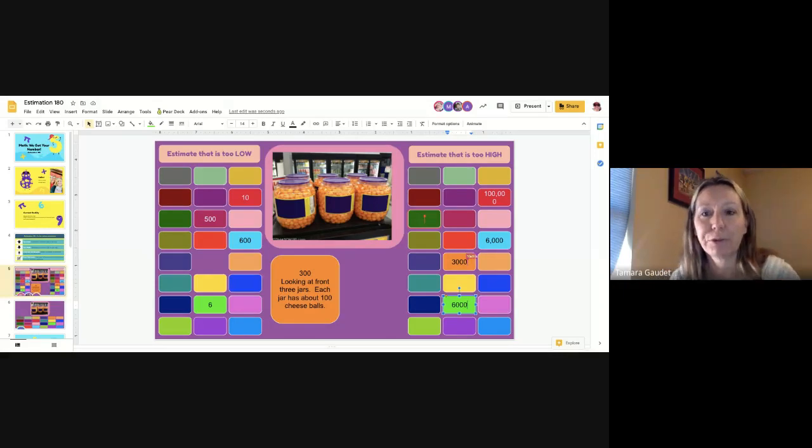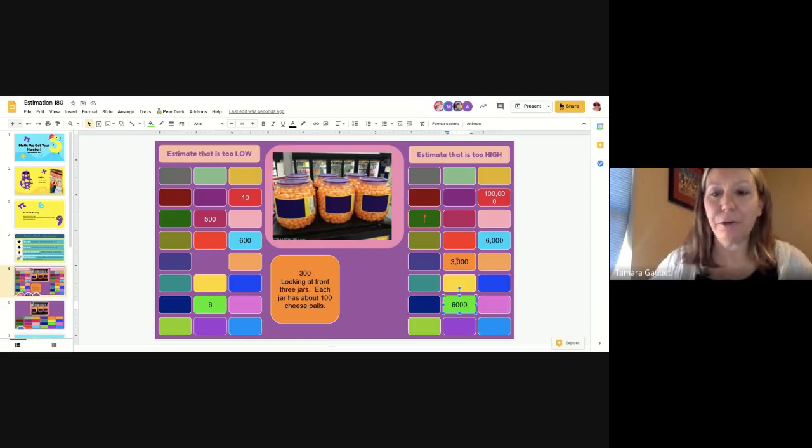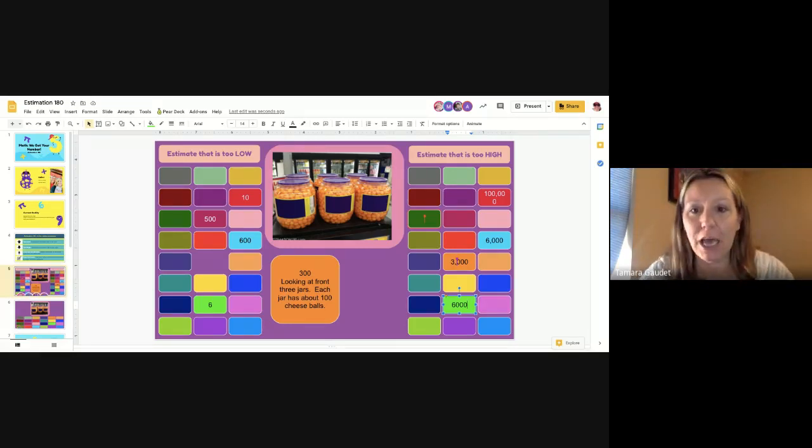I notice some of us are rethinking. We're deleting as we put things in and saying, maybe not. Awesome. I like the extra thinking that's going on here today. All right. Has everyone had a chance to put something in? I think one person might not have, so we'll give you another couple seconds. Put a high estimate in.